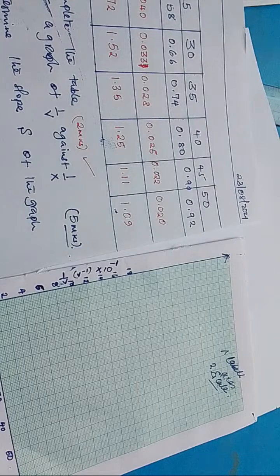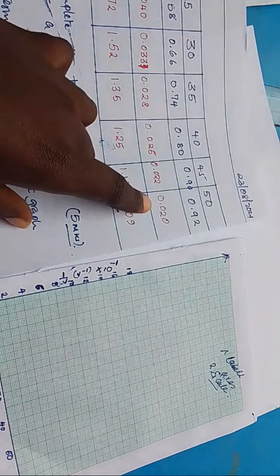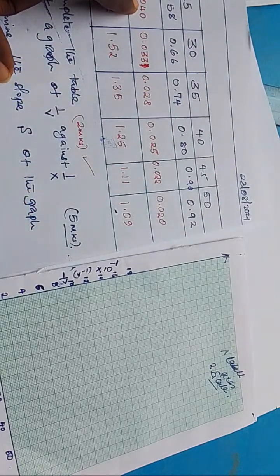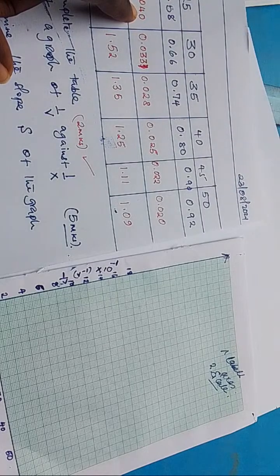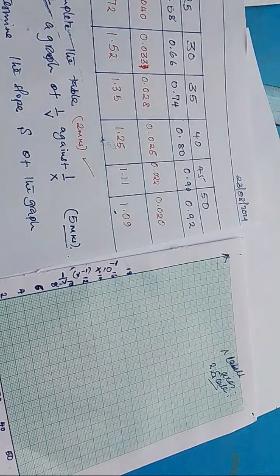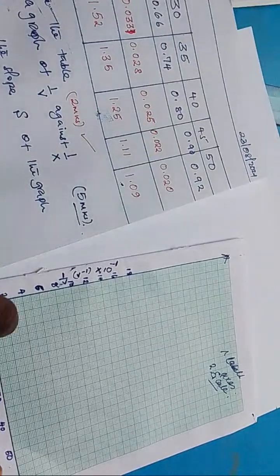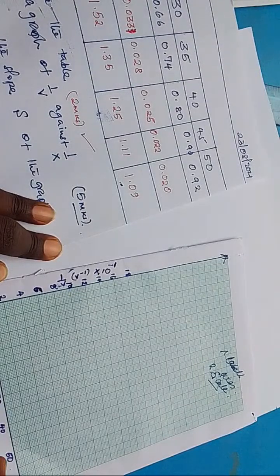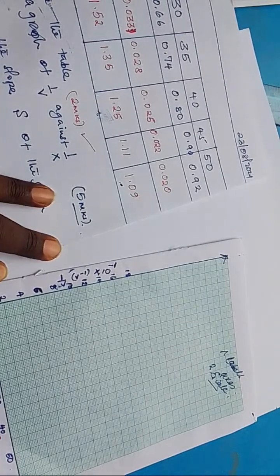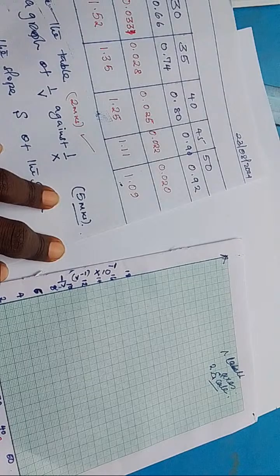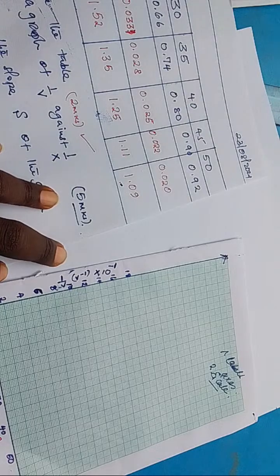But there will be no problem because the 1 over x is ranging from 0.02 all the way to 0.04. Therefore, the same scaling can be applicable if I multiply this one times 10 raised to power negative 3. Then now you can move to the first point.